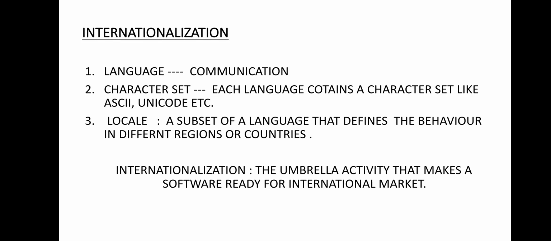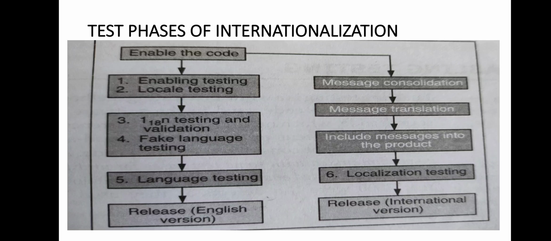After that we go for enable testing and locale testing, and then we go for internationalization testing and validation. And in case something is suspicious, then we go for fake language testing also. So finally it comes as a language testing broadly, and then we go for the release of the product. Then we can say that our product is internationalized.